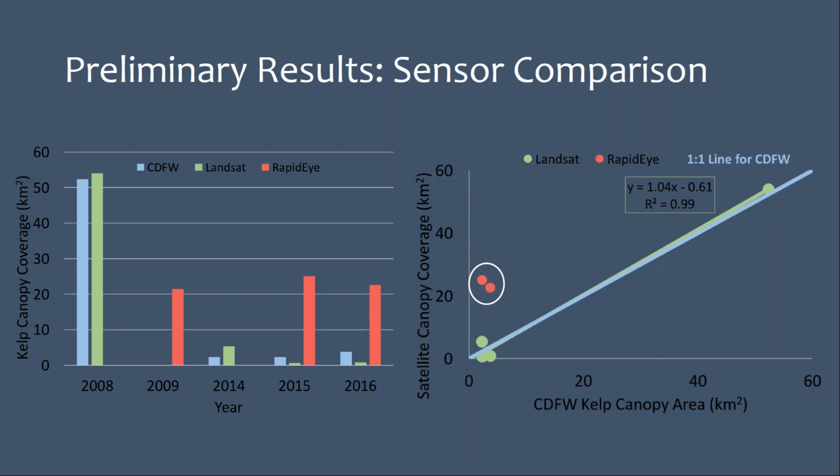And of course, as I already mentioned, RapidEye appears to be well outside of that relationship. So I don't really want to discount the results that we have from RapidEye yet. It's a new satellite that we're still learning to work with. Next slide.